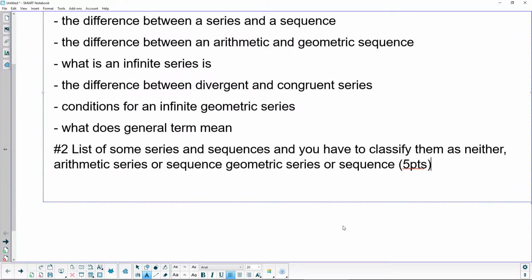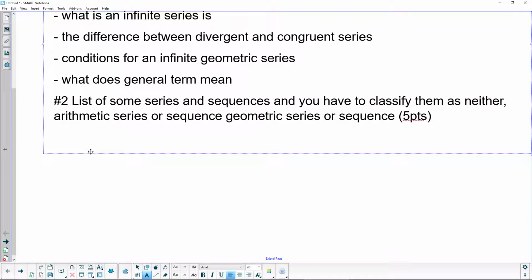Okay, let's do a quick example here. So example, let's say if I had 3, 5, 7, 9, dot, dot, dot. These dots here. Okay, this would be, okay, we are adding, and it's got no pluses and minuses in between, so this is an arithmetic sequence.